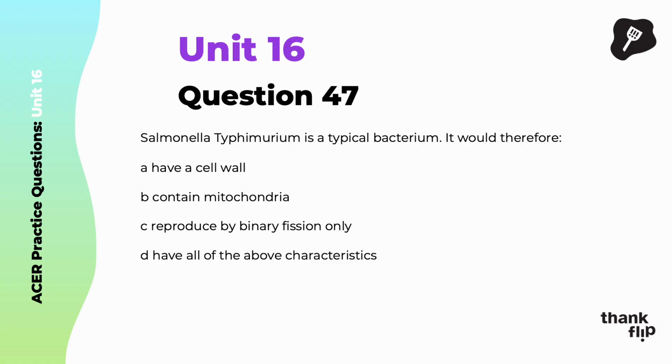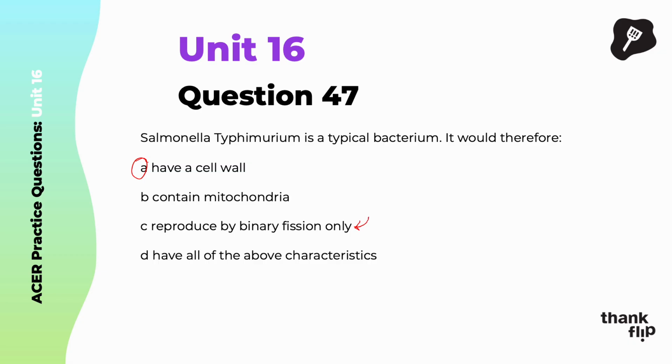Now, you should know that bacteria do not have membrane-bound organelles because they are prokaryotic. However, they do have a cell wall, so you can already see that option A is correct. And they don't reproduce by binary fission only.